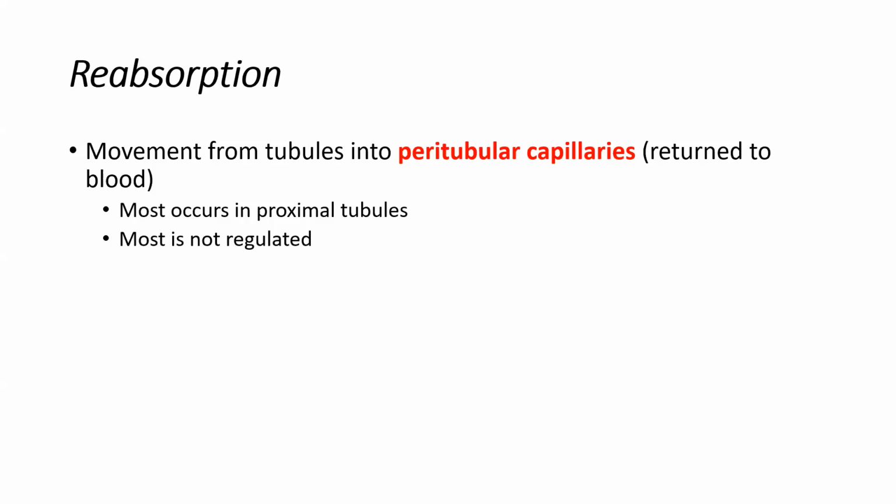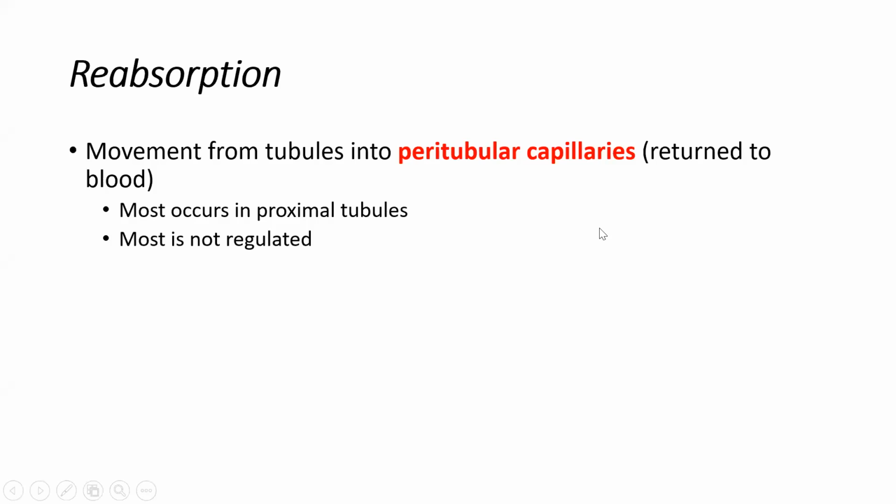This happens by the movement of these substances, including water, from the tubule, specifically the first part of the tubule, the proximal convoluted tubule, back into the peritubular capillaries. These are the capillaries that are intimately connected to the proximal convoluted tubule. So basically, we're returning these substances and water from the tubule back into the blood.